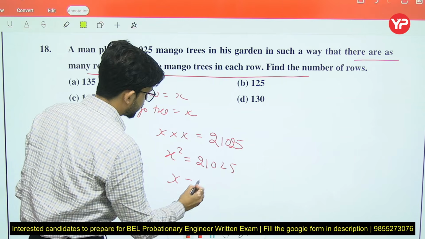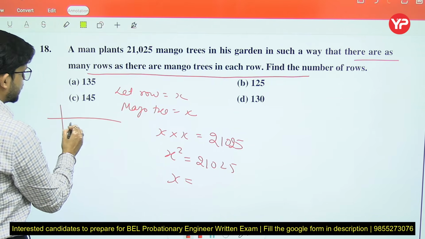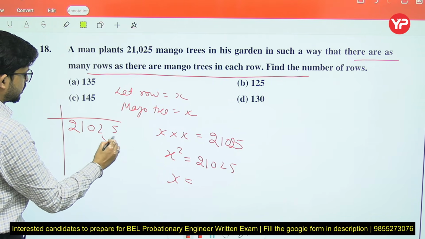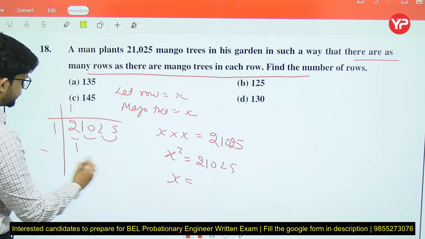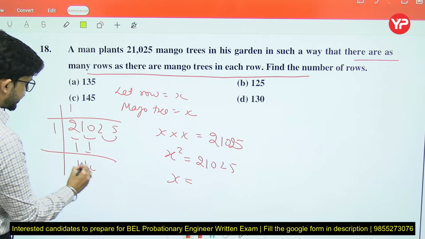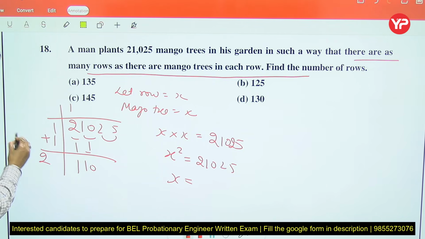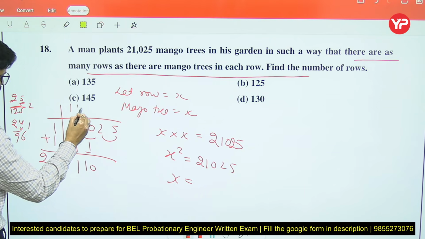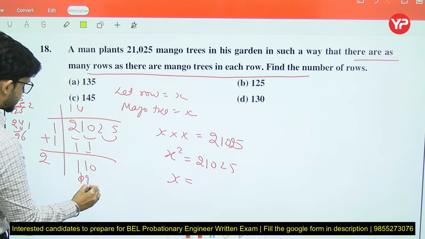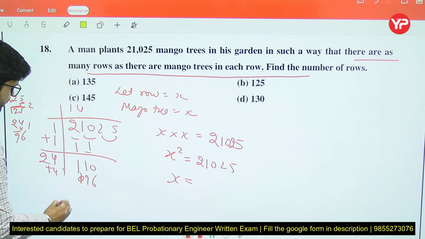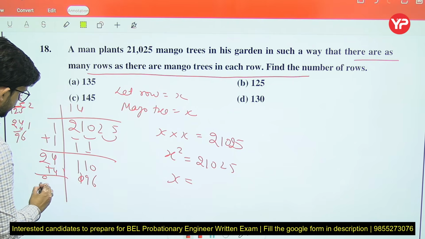So x is equal to the square root. Using the method to find the square root, 1 ones are 1. We take a couple here, 1 plus 1, 2. 5 5s are 25, it is not possible. 4 4s are 16. Yes, 4 and 96, we take 4 here, 28.